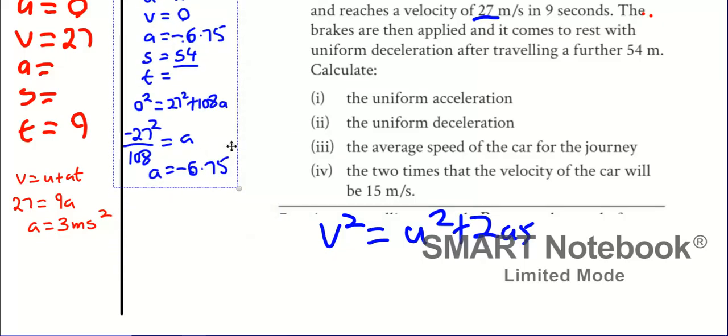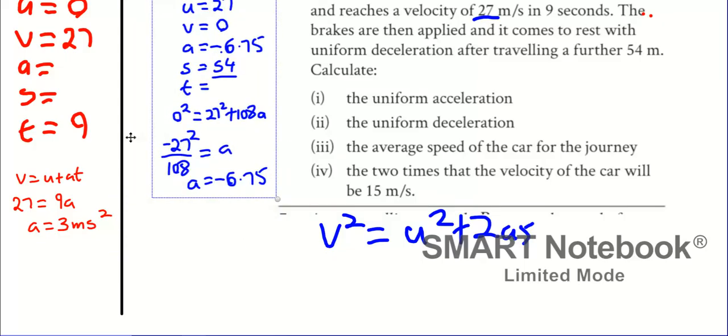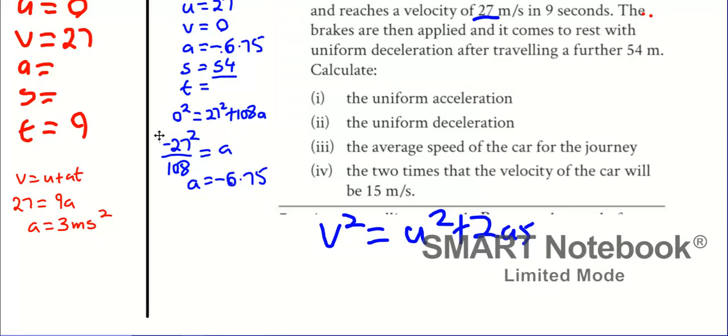Sorry, just a bit of organizational work. Okay, I'm going to use S equals UT plus a half AT squared. Now, what's the U value? 0. So just a half AT squared.